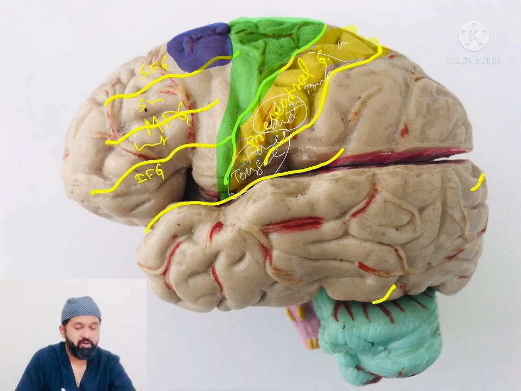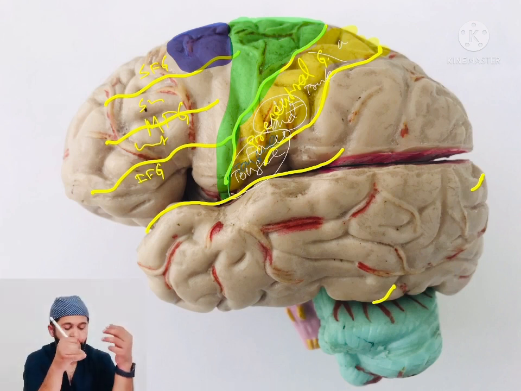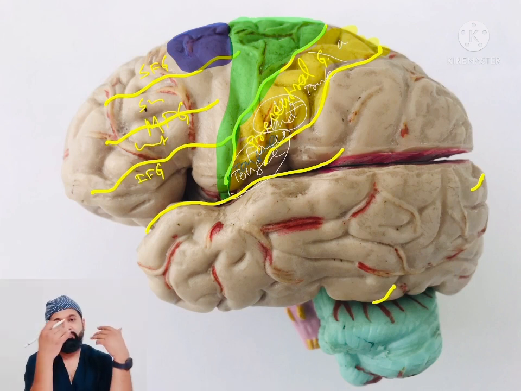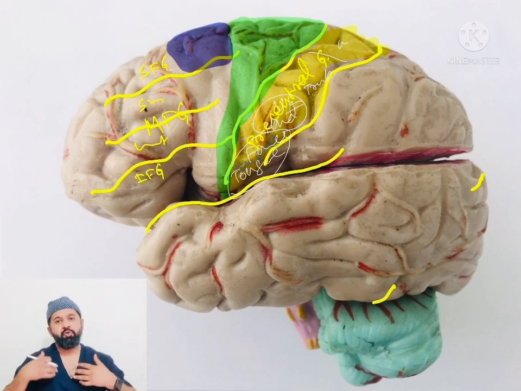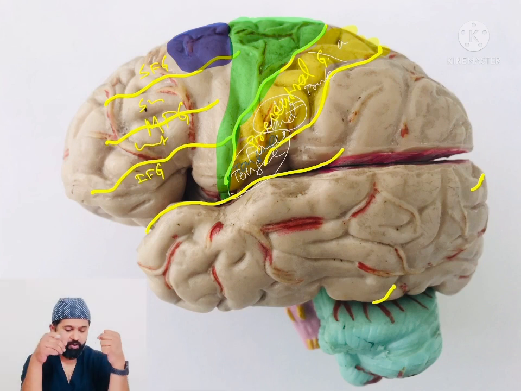The supplementary motor area is associated with activities which have a bilateral representation, and so for organs like the face or the truncal musculature, in which both sides of the muscles have to act simultaneously, that is again controlled by the supplementary motor area.